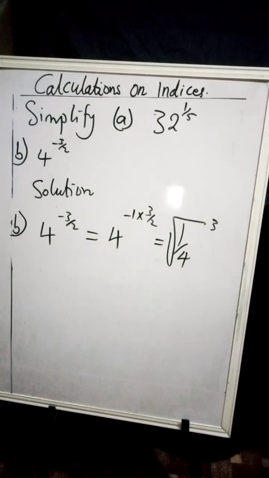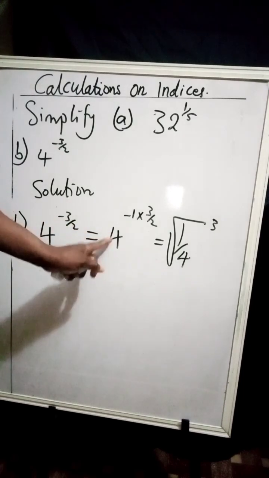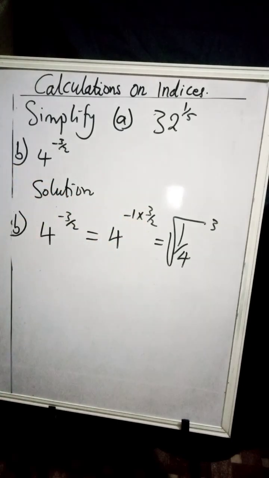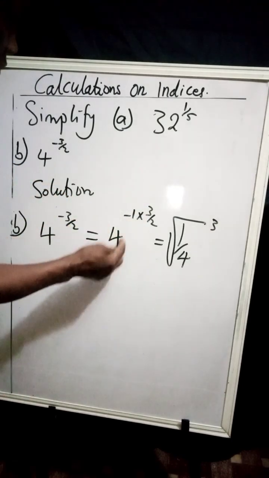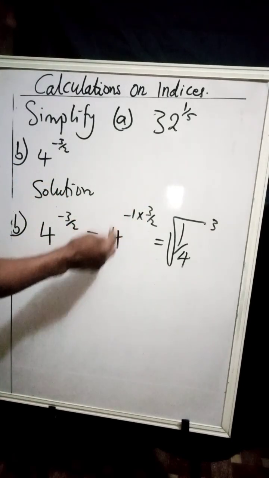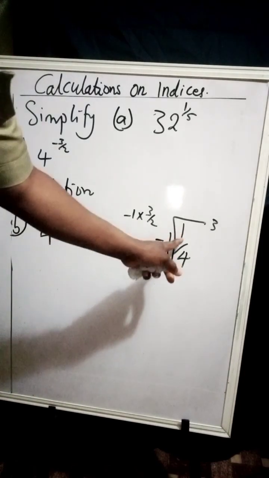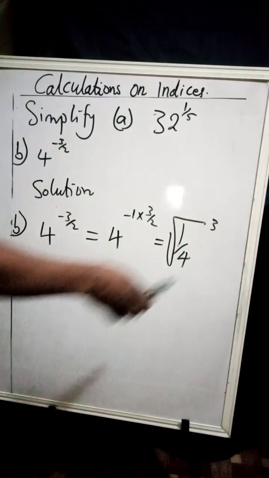Okay. Considering the second question, that is 4 to power negative 3 half. This is the same thing as 4 to power negative 1 multiplied by 3 half. Then remember that this will turn this 4 into this fraction. So we have the square root of 1/4 to power 3.